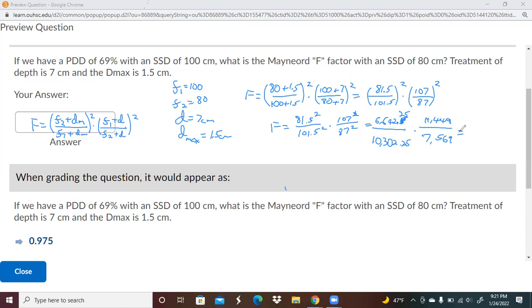Other than one just big long mess, 10,302.25 multiplied by 11,449 divided by 7,569. And I come up with the same answer that we get here. Okay, so just remember to square those numbers as you go through.